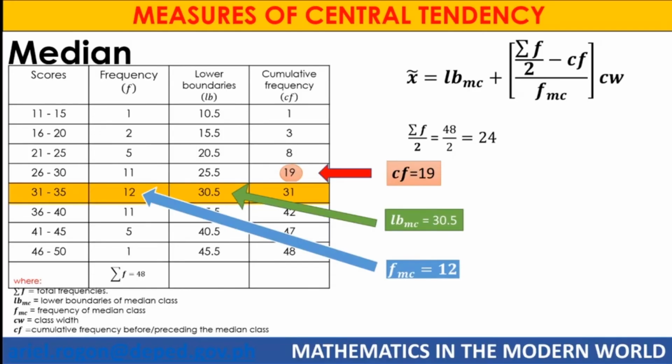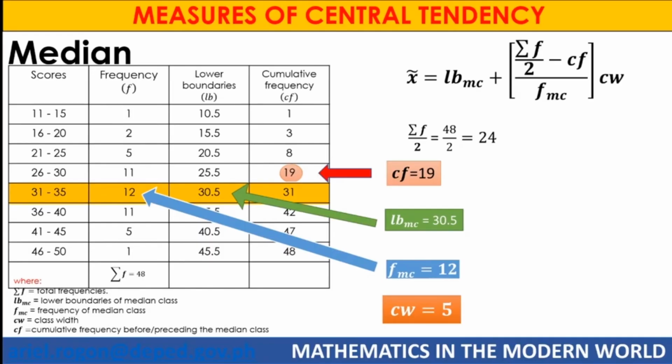Next is the class width or the CW. How are we going to get the class width? Now focus on the scores. Each of the classes that we have in there has 5 scores, right? For example, 11, 12, 13, 14, 15. There are 5 scores in each class.